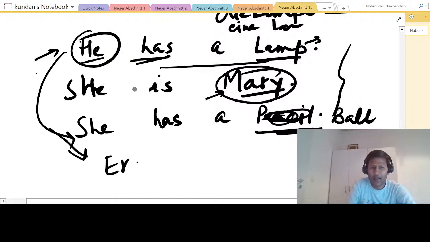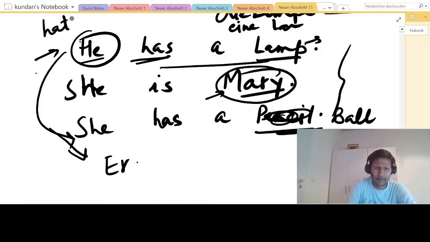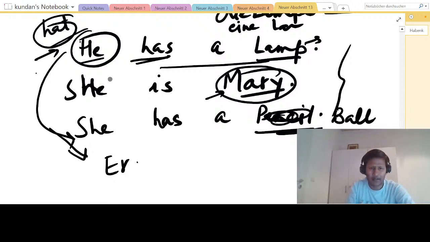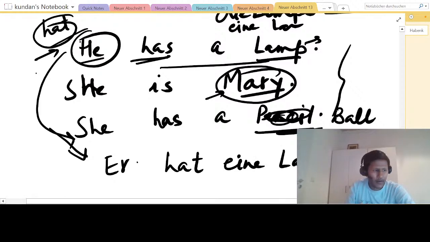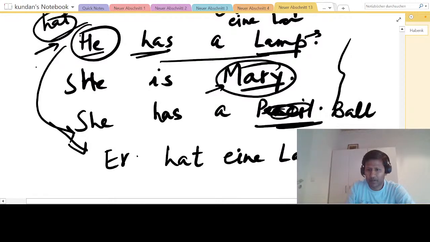We know that haben will change to hat. Er hat, sie hat, she has, he has. Er hat eine Lampe. Any doubt in that? No, right?